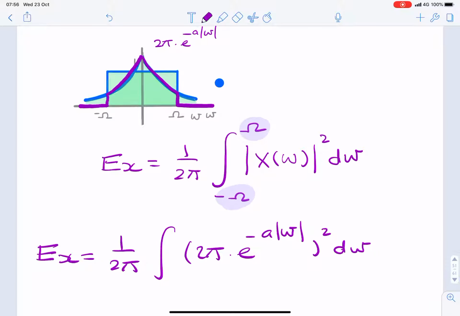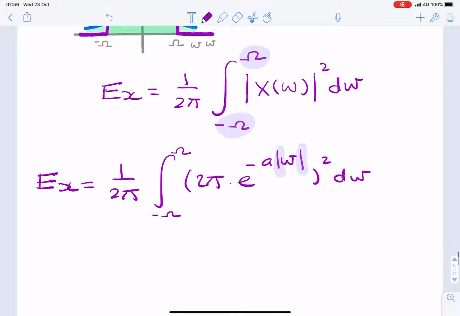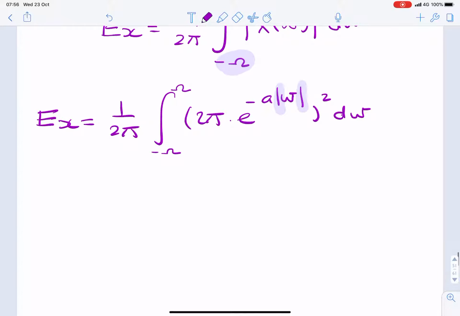Now, because we have this absolute value, in order to integrate, we need to split the integral into 2. So I'm going to integrate over 2 periods from minus omega to 0, and then from 0 to omega.